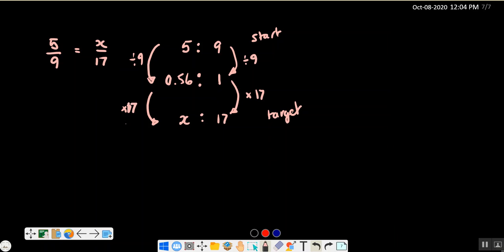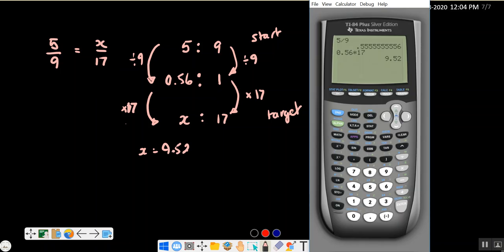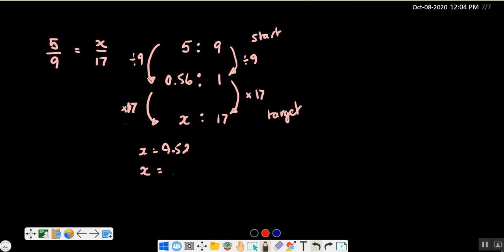So x would be 9.52. But if I don't round it, and I do 5 divided by 9 and then straight away multiply by 17, I actually get x is 9.4 recurring. Now this one is correct.